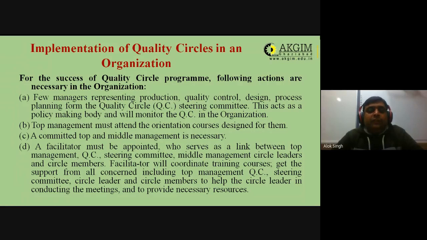What is a facilitator? The one who will communicate the results of the quality circle meeting to everyone, who serves as a link between top management, QC, steering committee, middle management, quality circle leaders, and circle members. Means he or she will be responsible to communicate all the points that have been discussed in different quality circles.